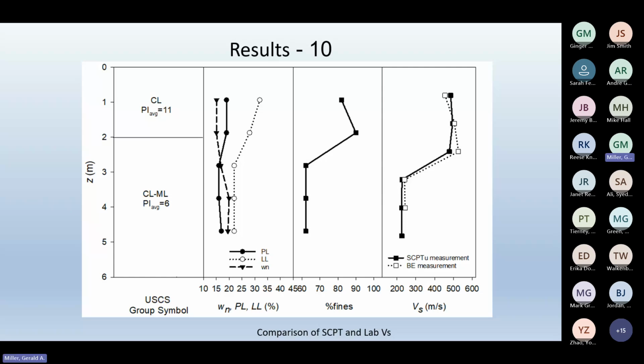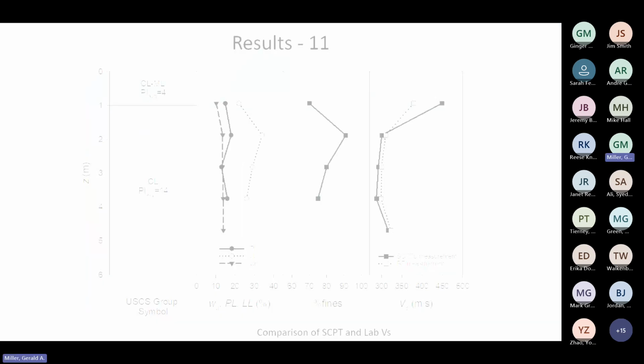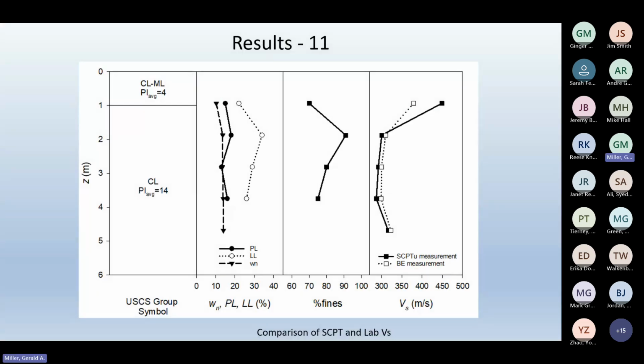But shear wave velocity, we saw it. And this site, again, that's the first site. This is site 11. This is where we saw the most contrast between the two, and only for that upper depth at 1 meter. And again, this could be related to the heterogeneity in that upper meter.